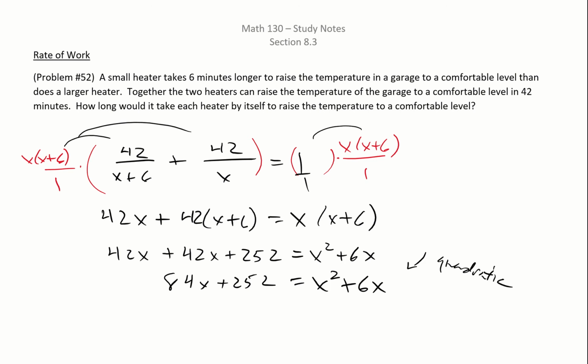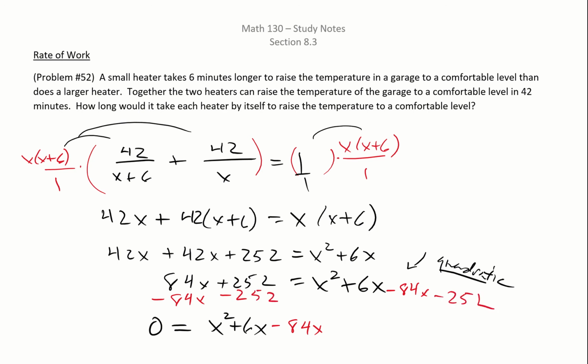So as I was talking a while ago, get 0 on one side, we will. And the way we'll do it, of course, is subtract that 84x away, and also the 252.